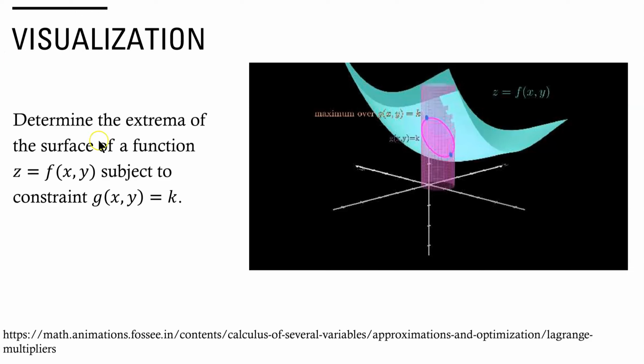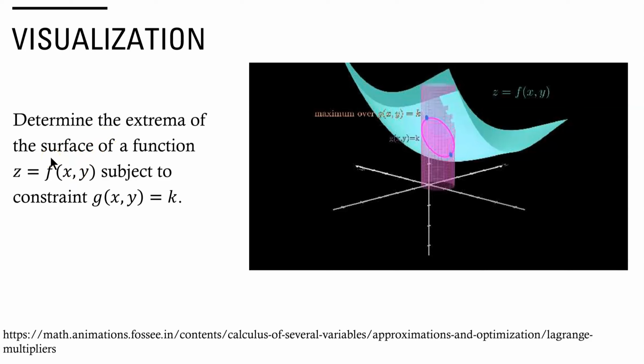The goal here is to determine the extrema of the surface of a function, z equals f of x and y, subject to some type of constraint, g of x and y equal to k. In that previous motivating example, our f of x and y was the profit function, which if you were to graph it, creates a surface.